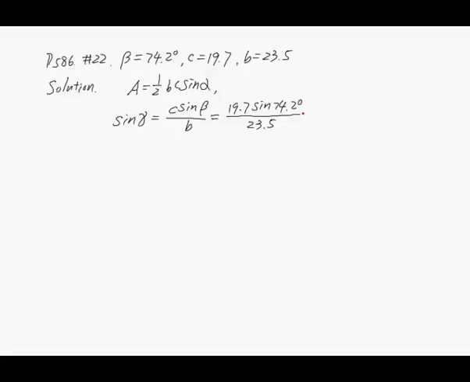Then you find sine gamma is approximately equal to 0.81. Then gamma is equal to arcsine 0.81. And we can draw a sketch of this triangle.